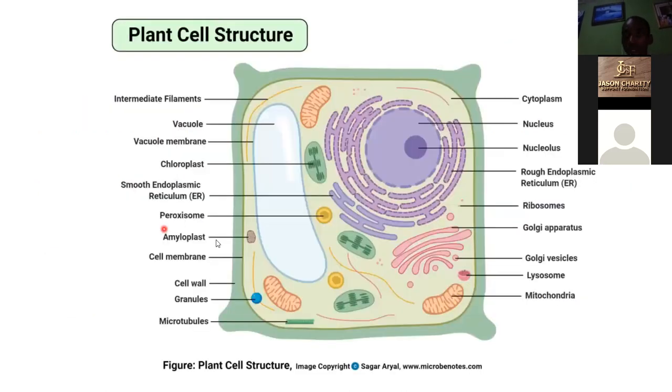Let's go back. You see this thing that looks like dots, that's what we regard as the nuclear membrane. It protects the nucleus from the cytoplasm.